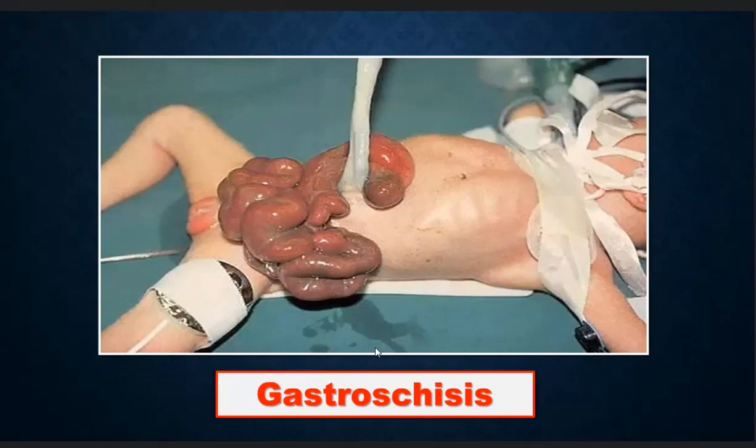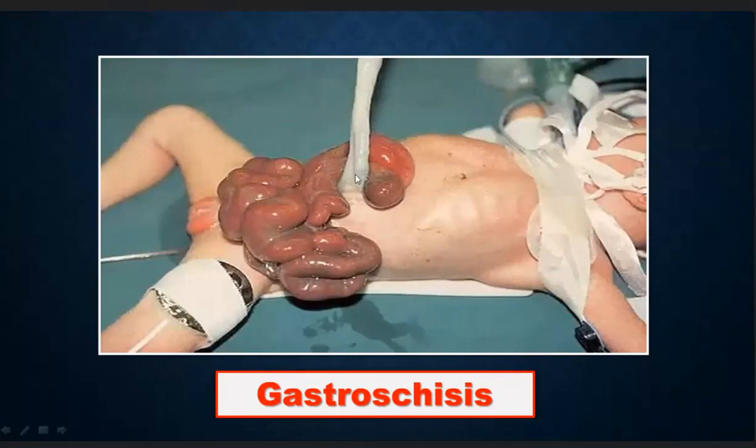This is gastroschisis, and here there is no protrusion of the intestine from the umbilicus. It's from an abdominal defect adjacent to the umbilicus. Here the umbilicus is intact.